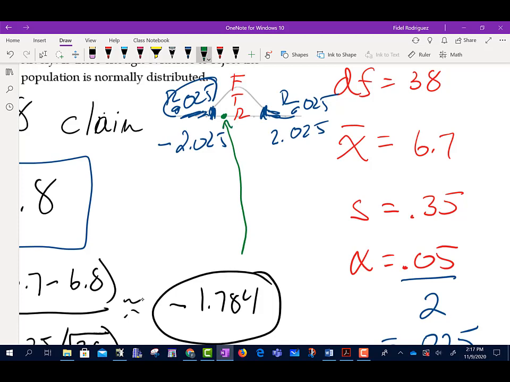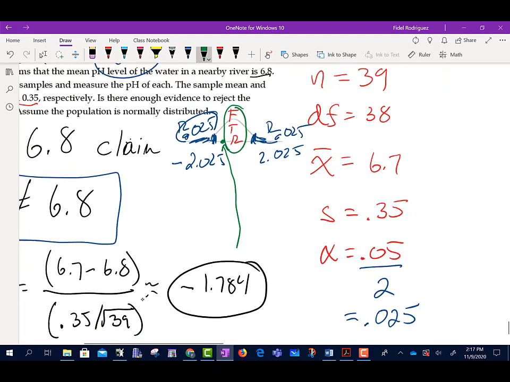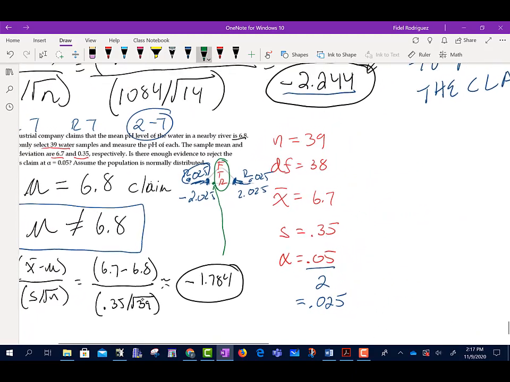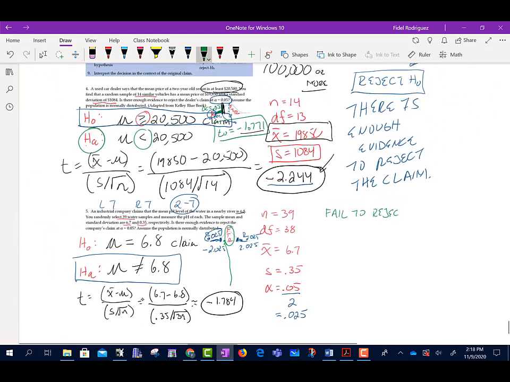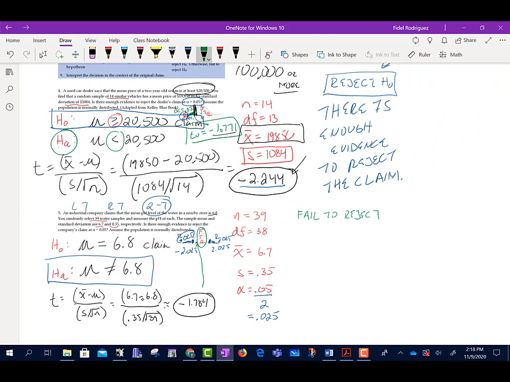So where did we fall? We fell in our fail to reject region. So now we're going to say we fail to reject the null hypothesis. We failed to reject the null hypothesis.